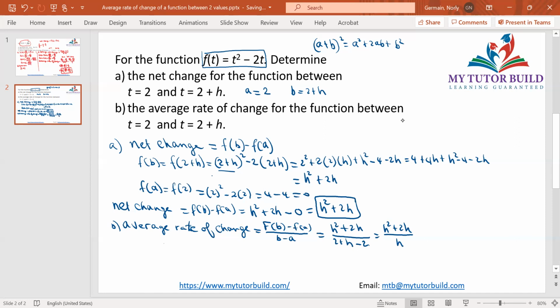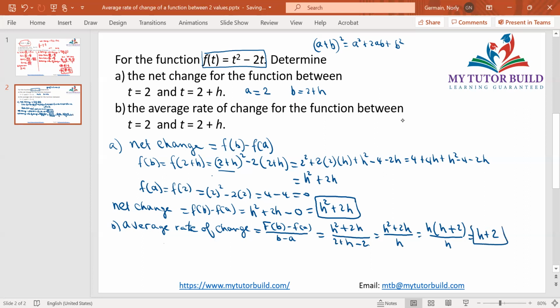Because in the numerator, we have h as a common factor, we can factor h in the numerator. So from h squared, if we pull out h, we have only h left. In the second term, 2h, if we pull out h, we have 2 left over. When h is not equal to 0, we can simplify, and the final answer would be h plus 2.